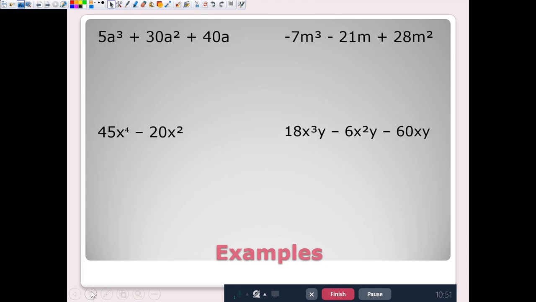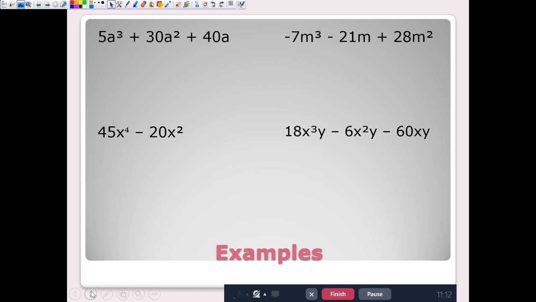Okay, so on our list, the first step is to make sure it's in standard form. Is my first one in standard form? Yes, it's in descending degrees. All right, and then my next step says, always start by factoring out the GCF. So is there a GCF?